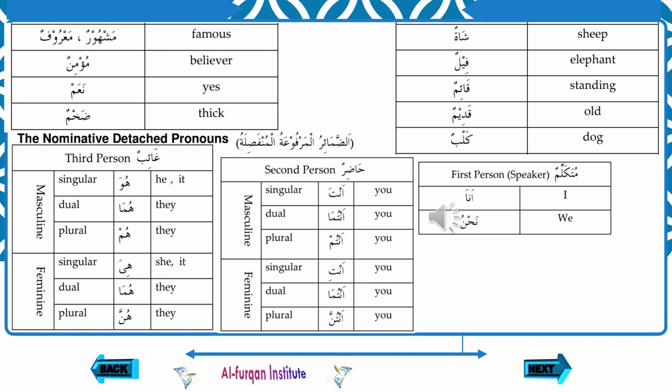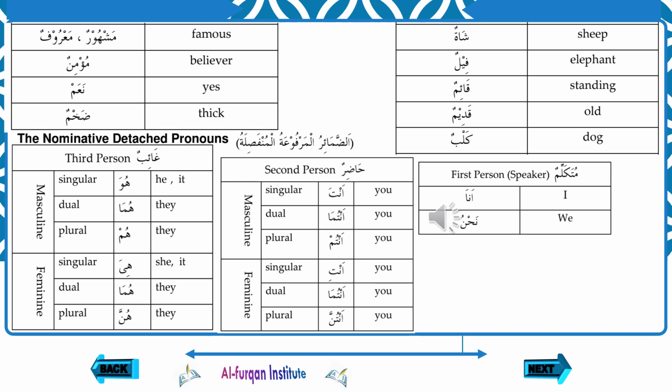But in the case of the first person, there's no gender discrimination. So we have the total number of 14 pronouns altogether in the nominative pronoun. Which are huwa, huma, hum, hiya, huma, hunna, anta, antuma, antum, anti, antuma, antunna, ana, nahnu.